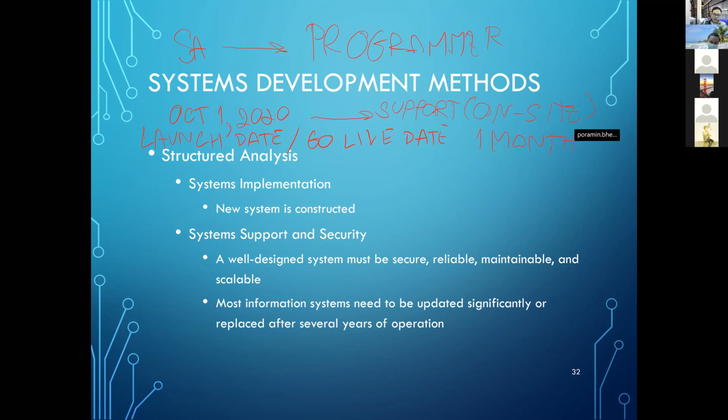After the launch date, you have to be with them, because in the very first month, when users really use your system, they will find problems in the system. And then you have to support them and fix the problems for them. Sometimes it is a bug, where you realize that you forgot to remove this part out of the program. So we need to have the support.